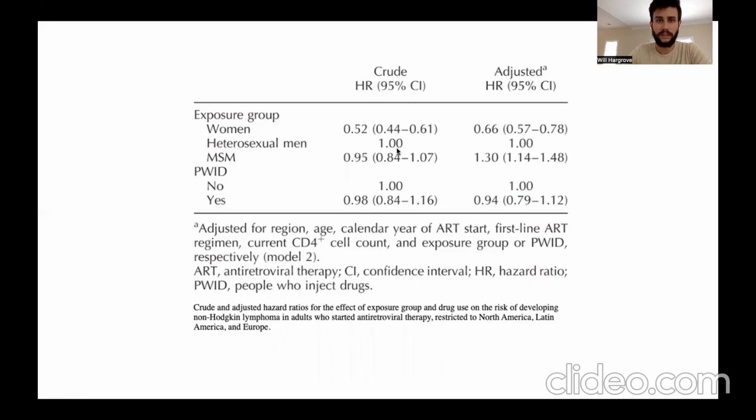And we set these standards because we're trying to see if there's a difference in people with HIV, and the most likely causes of HIV are men having sex with men or intravenous drug usage. All right, so what we found is significant because the 95% confidence interval in the parentheses shows that men having sex with men are more likely to have NHL than heterosexual men.